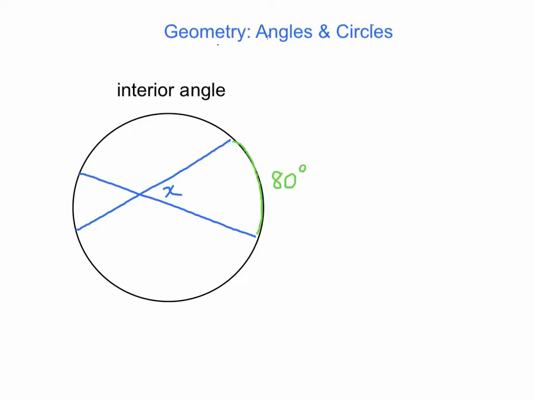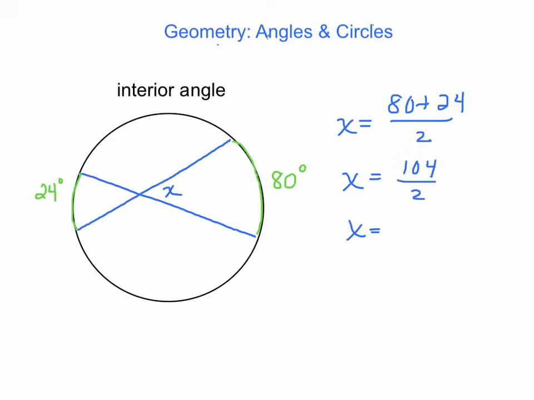Then let's assign to this arc a value of 24. It turns out that the measure of that angle is going to equal the sum of those 2 arcs divided by 2. So in this case, that will be 104 divided by 2, which is 52 degrees.